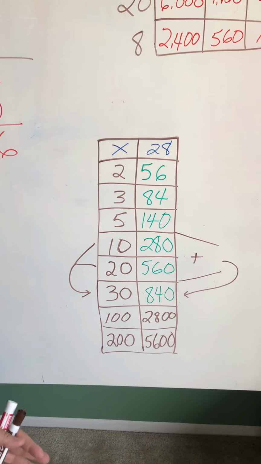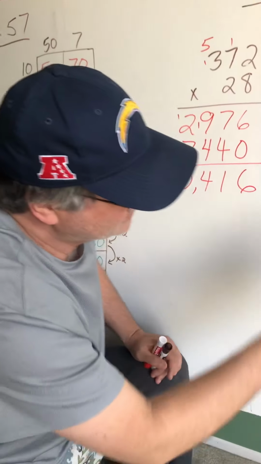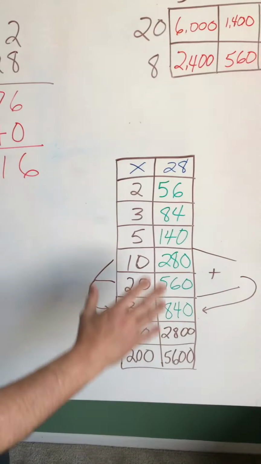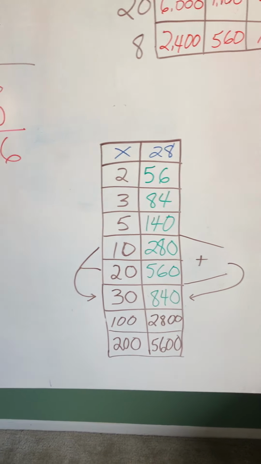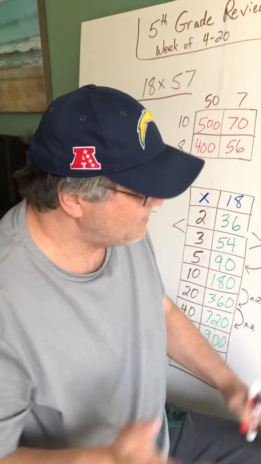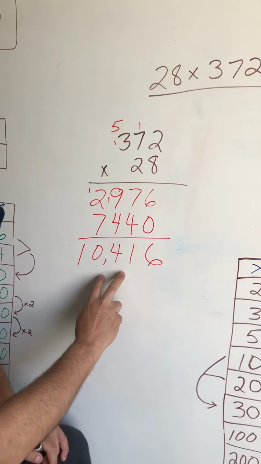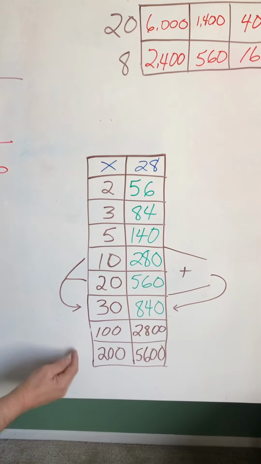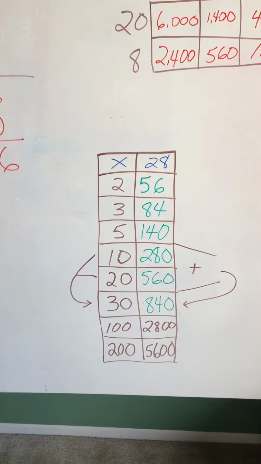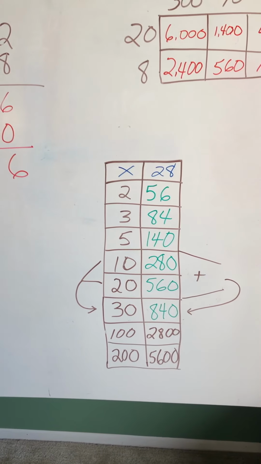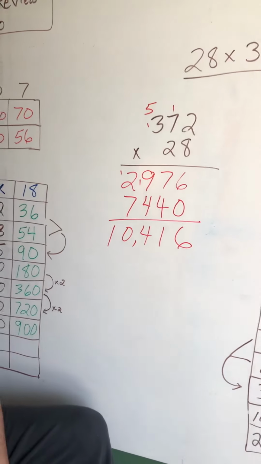I know you're probably groaning right now, but I find it quite fun that I can just use my mental capabilities, no calculator, no algorithm, and I already got down to 5,600 without using anything. And I got to get to 10,416 on this product side, or I got to get to 372 on the factor side. So any way you do it, hopefully you'll come up with 10,416.